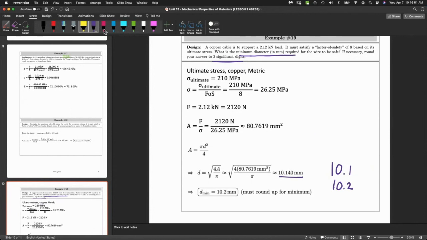In mathematics and in science disciplines, when you see the word minimum of something, you should always round up. Because if you do 10.1, it's not enough. You have to round up. Does that make sense, rounding up?